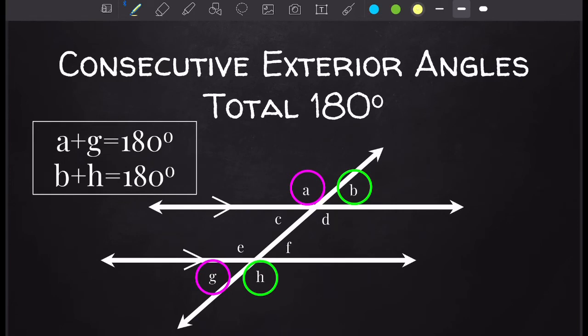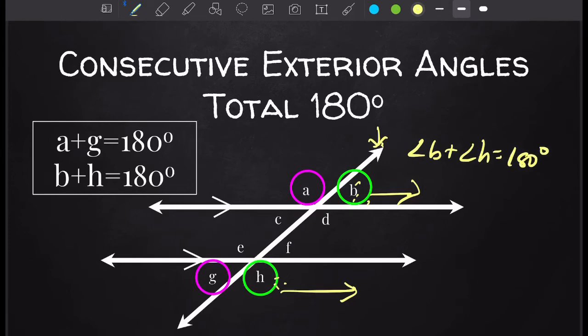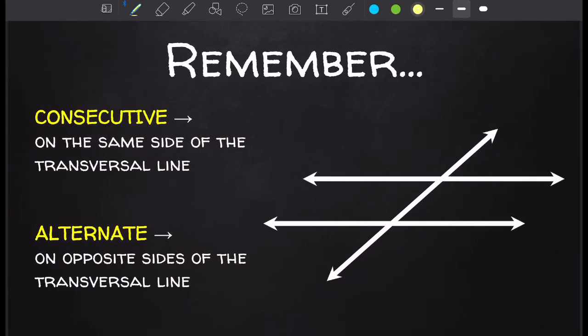There's another set, B and H. They're both on the right side of the transversal line and they are exterior, outside the parallel lines. So angle B plus angle H is equal to 180 degrees. Remember, consecutive means on the same side of the transversal. See? They're on the same side of the transversal.